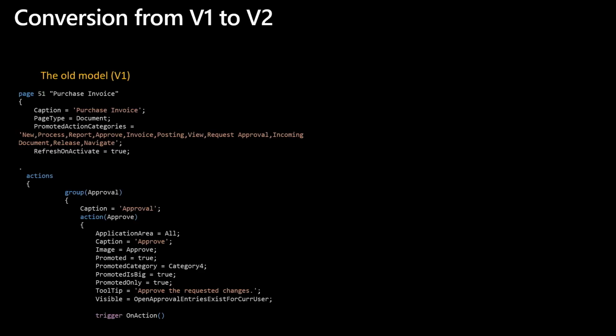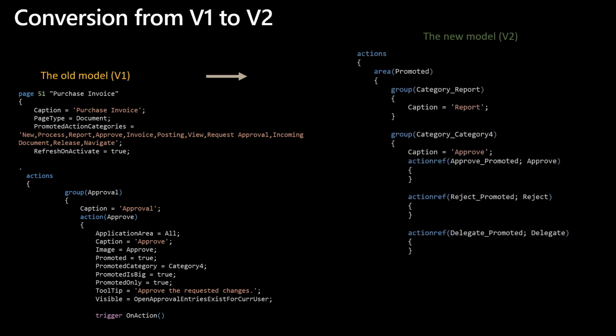Just to see what actually happens in the conversion, both at runtime and as part of the code action, we see here an example of using the old model with the promoted categories defined via some captions, and then having some actions with the promoted properties set. On the conversion, these will be converted to promoted area and groups and action refs.